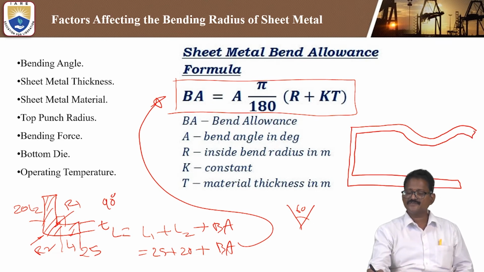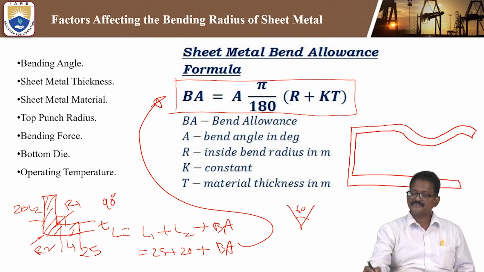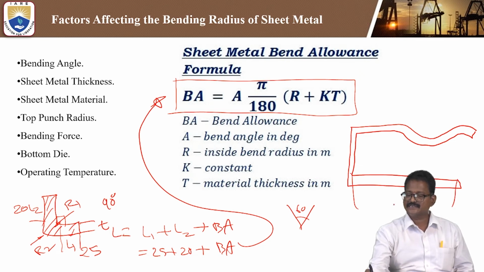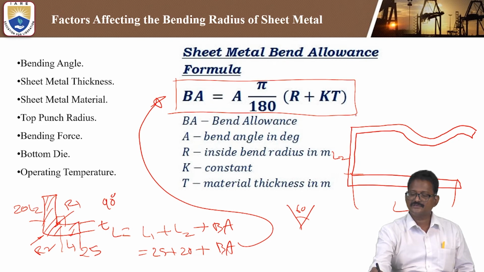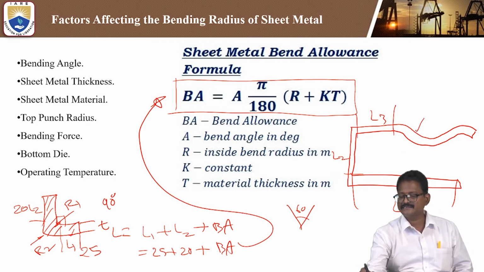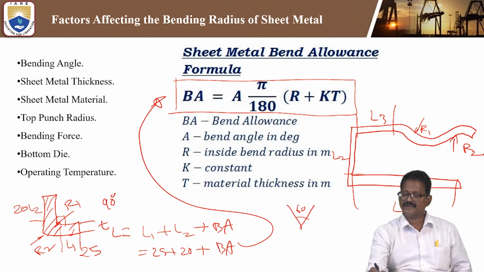First of all, this can be divided into sections. This is the exact L1, this is L2, and here this is L3, and this is the inside radius R1, outside R2. Here we are supposed to calculate the bend allowance. This is R3, this is R4.